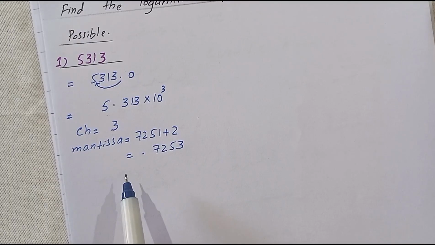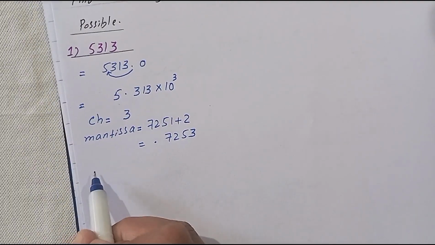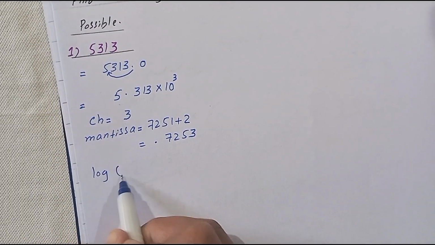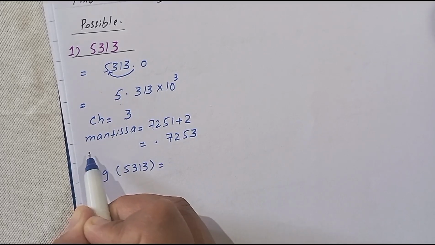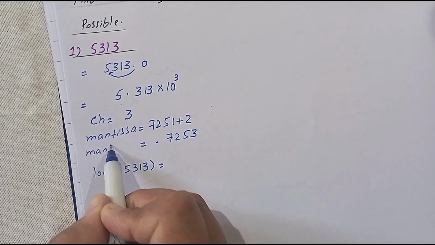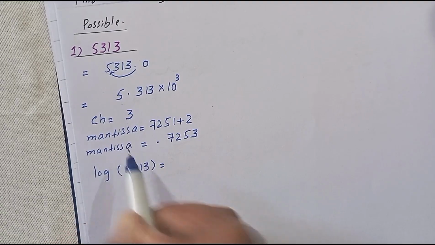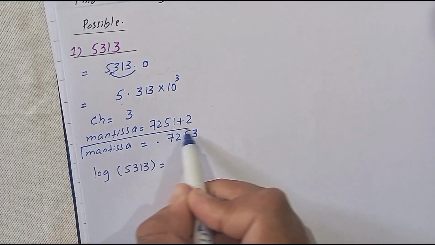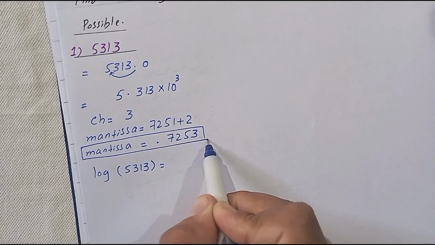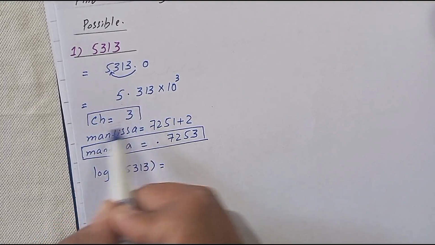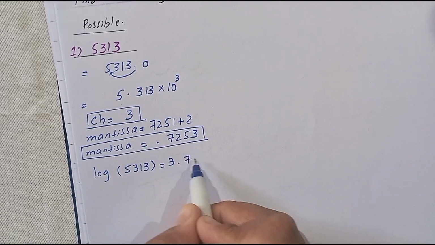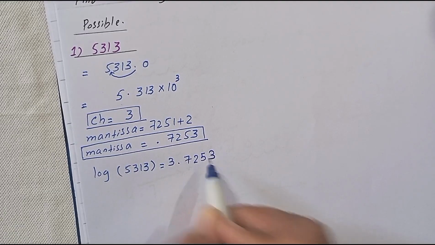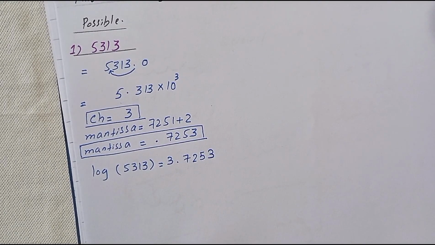So this is the mantissa. Now log of 5313 equals, adding mantissa and characteristic, 3.7253, which is the required log value of 5313.